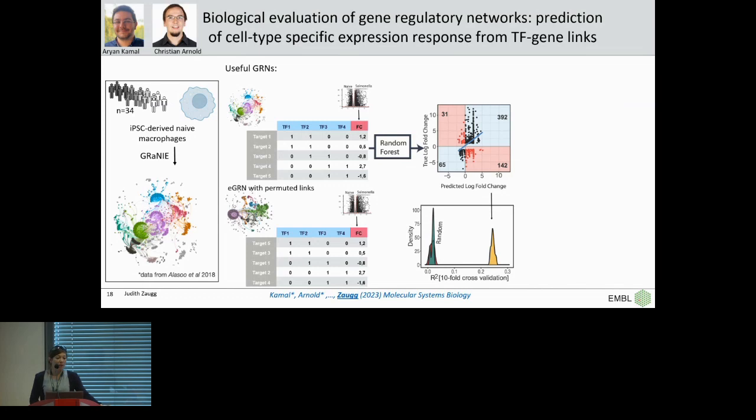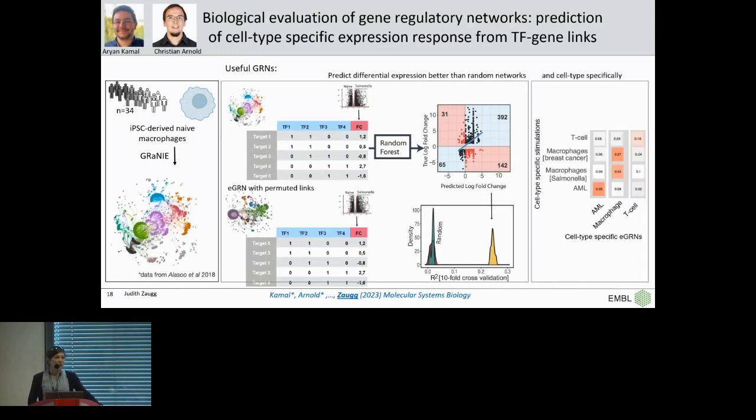But in addition to being better than random, of course, we also want to be better than a cell type generic network, because we think gene regulatory networks are very cell type specific. So indeed, we now build specific gene regulatory networks across different cell types. What you can see here on the y-axis are the different cell types for which we have specific perturbations, and on the x-axis are the different gene regulatory networks that we've built.